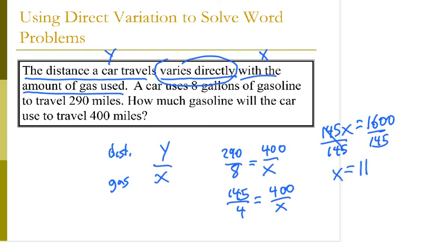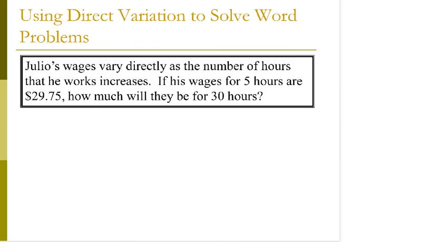So here's another situation. Try and see if you can work this one out yourself first, and the answer is going to appear shortly. So try and pause it, work it out yourself, and then see if what you got is what I got. So again, notice that it's going to vary directly here in the problem, so we're dealing with direct variation, and so it's going to be y compared with x.